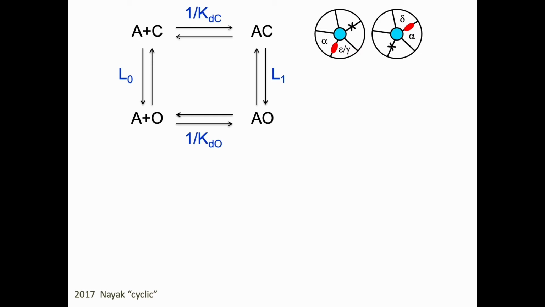And when we do that, the reaction scheme is this simplified version shown to the left, where L represents the gating equilibrium constants and KD represents the equilibrium dissociation constants, either to C or to O. And I want to highlight that this subscript zero means zero agonist, and this means one agonist. So zero doesn't mean zero current, it means zero agonist.